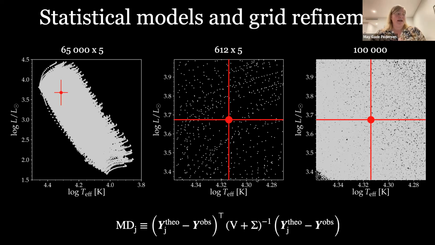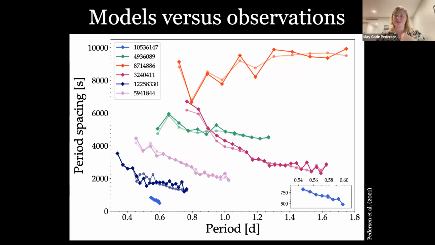And from this, we compared the observed period spacing values to the theoretical ones using the Mahalanobis distance as a merit function. So to give a few examples of what the observed versus theoretical period spacing patterns look like, you see the result here, where the full curves correspond to the observed period spacing patterns, so the solid lines.